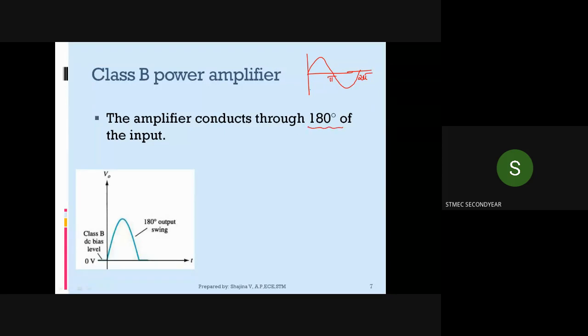That is only this pi. So only this you will get at the output. That is why we are calling it conducting for 180 degree of input signal, or the conduction angle of this class B power amplifier is 180 degree. Okay. So it will conduct for half cycle only.